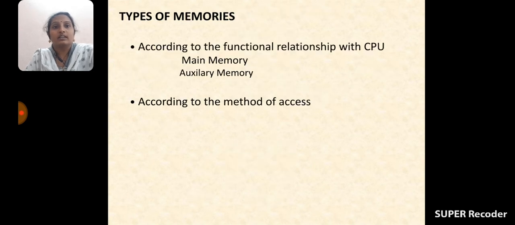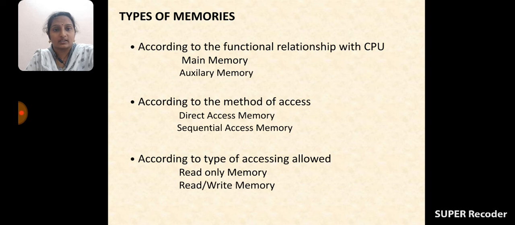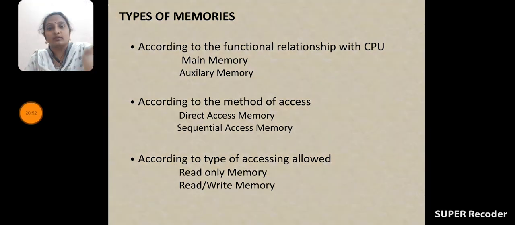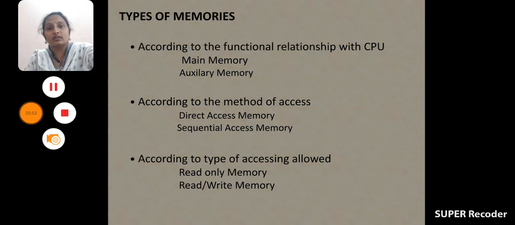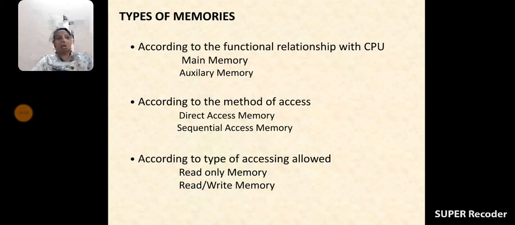And see, next one is types of memories. According to their functional relationship with CPU, memories are basically classified into two types. What are the two types?